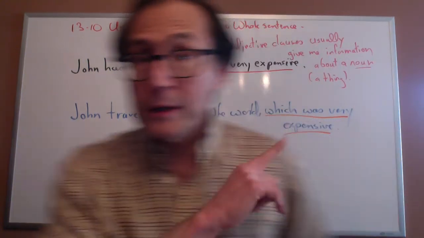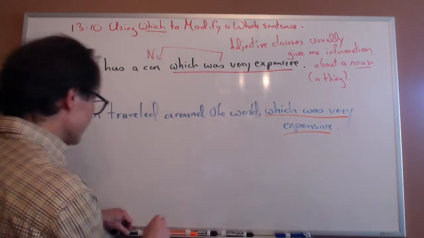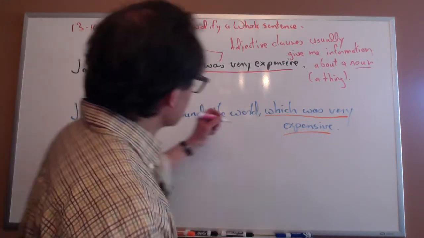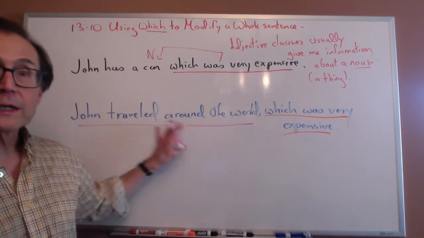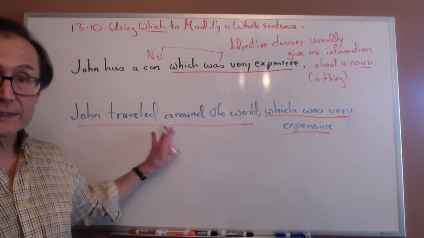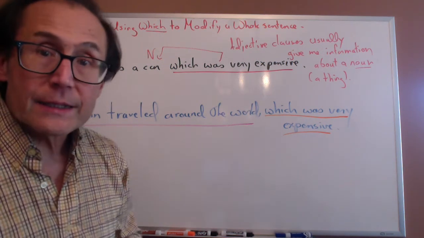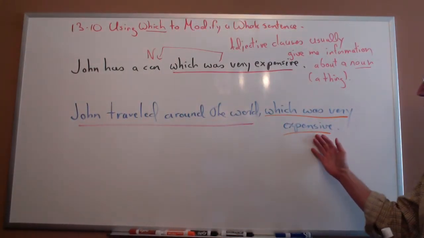So when we look at this sentence, the thing that is very expensive is this whole idea. John traveled around the world. This was very expensive. Traveling around the world was very expensive. So in this case, the adjective clause, what's expensive?